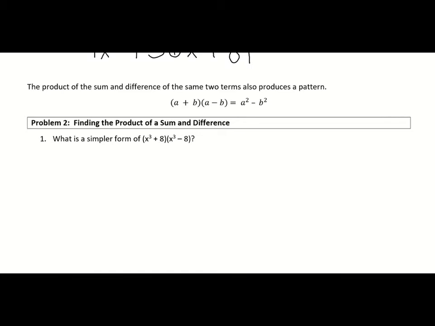So what I'm going to do is first distribute everything from the first binomial to the second binomial. So x cubed times x cubed would be x to the 6th. X cubed times negative 8 would be negative 8x cubed. Once I distribute the x cubed, I'm now going to distribute the 8 to get positive 8x cubed minus 64.